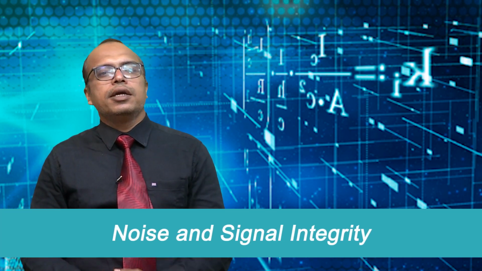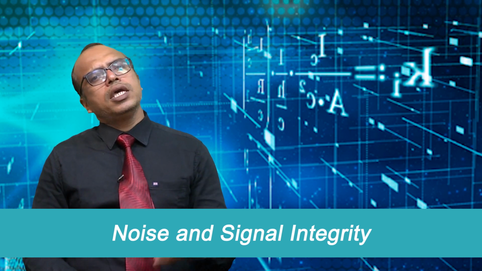The next point is noise and signal integrity. Noise, both inherent to the operational amplifier and external, can introduce unwanted fluctuation in the output signal. This is a critical consideration, especially in high precision applications. Designers implement filtering techniques and shielding methods to minimize noise interference.